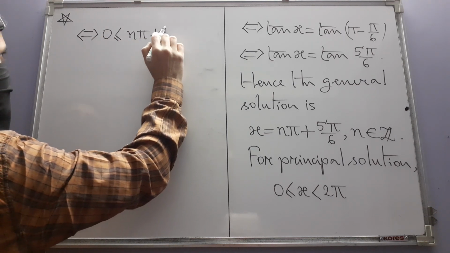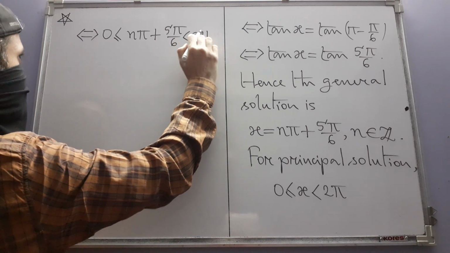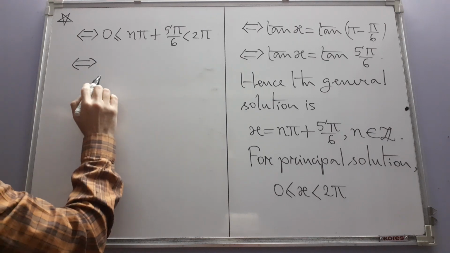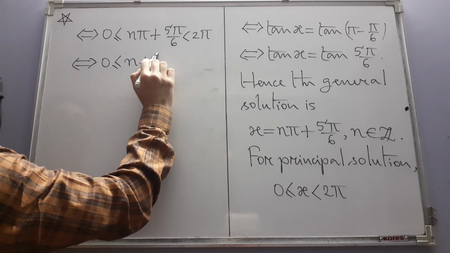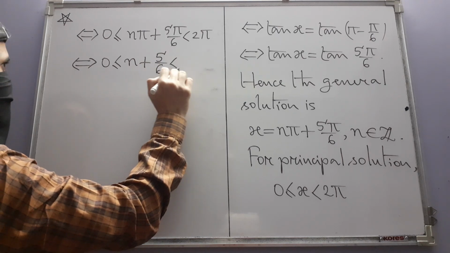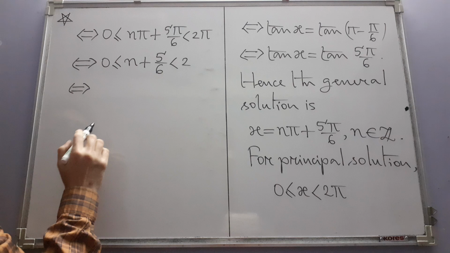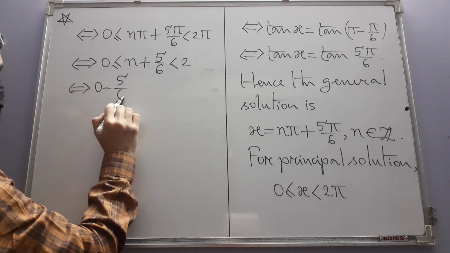n pi plus 5 pi over 6 less than 2 pi. Again, same technique, divide throughout by pi. That simplifies things. Then isolate n by subtracting 5 over 6 from all the terms.